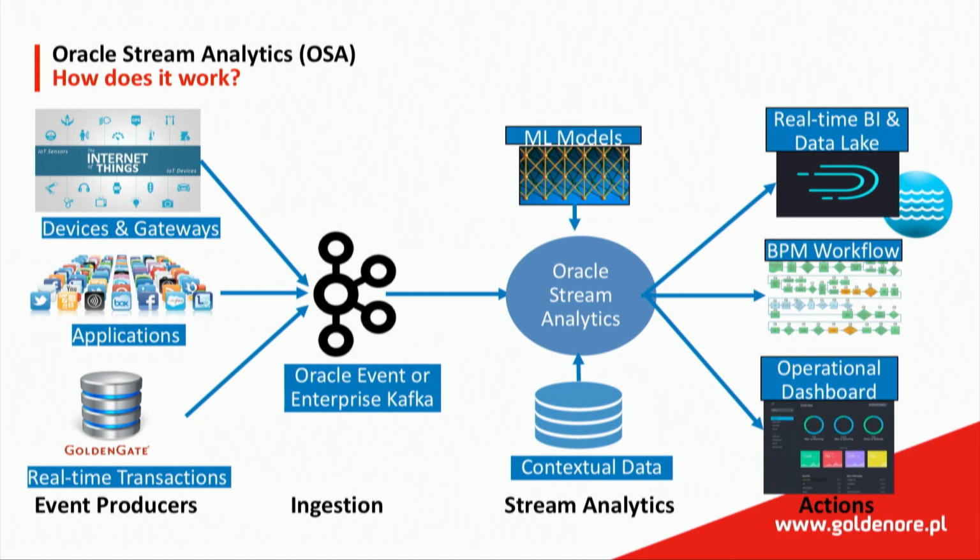Those streams we can use together with machine learning or with contextual information to complete the data which we are using in our analytics. This information we can output to our real-time BI and data lakes, to our BPM workflows, and to operational dashboards for real-time insight of our data streams.